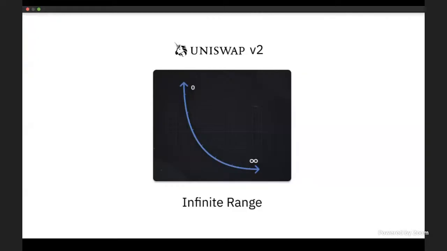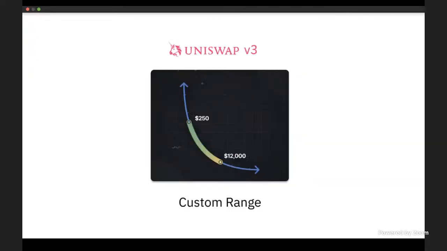This is a Uniswap v2 infinite price range that's applied to each pair. And this is Uniswap v3 custom price range, where LPs can concentrate their capital within custom price ranges, providing greater amounts of liquidity within a price range. In doing so, LPs construct individualized price curves.